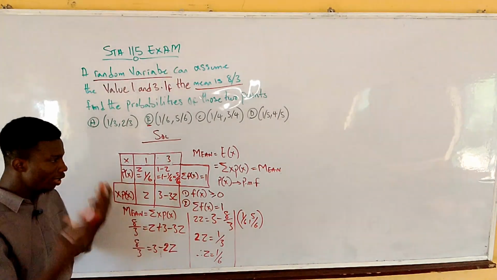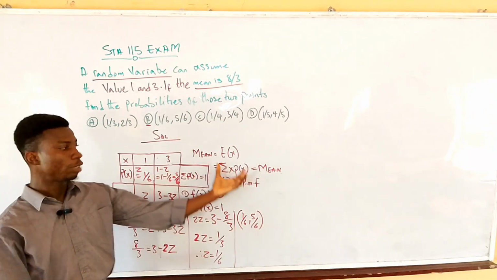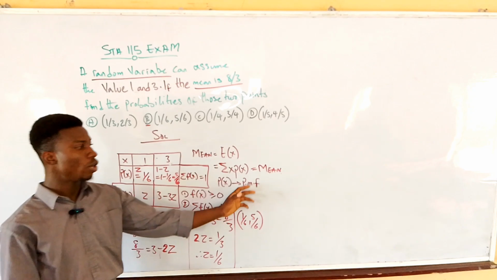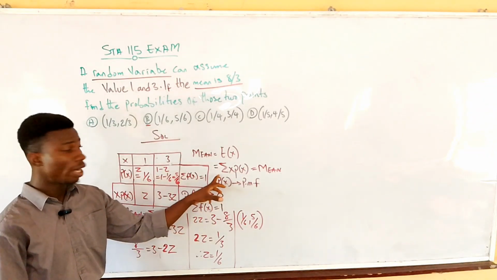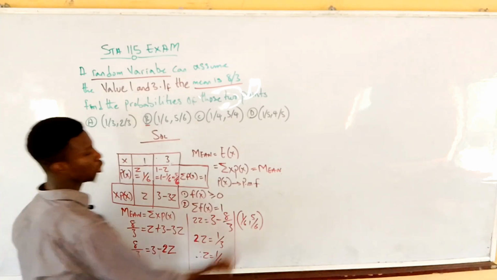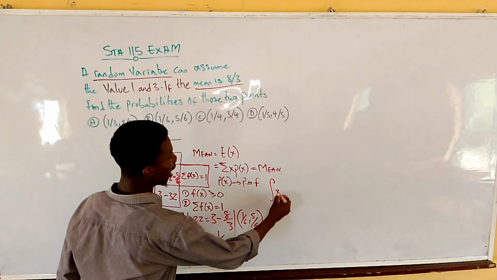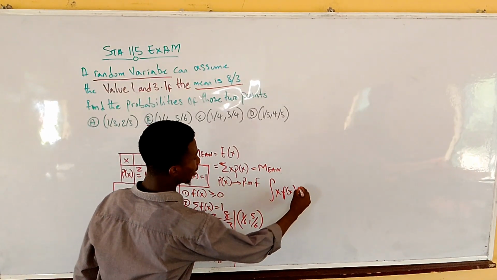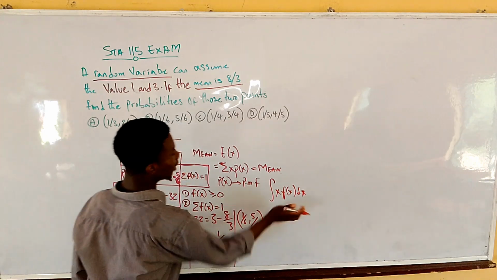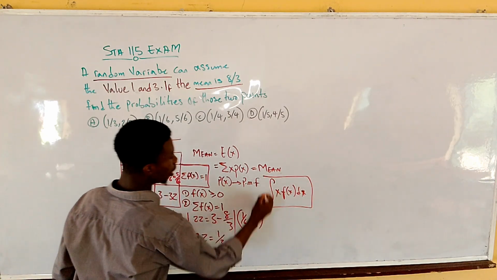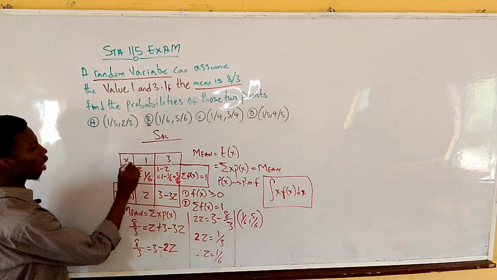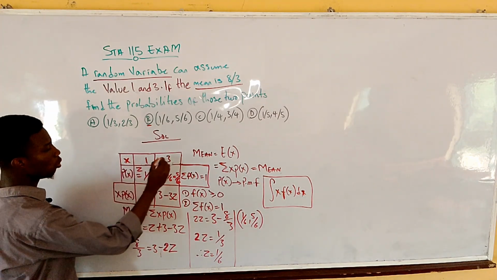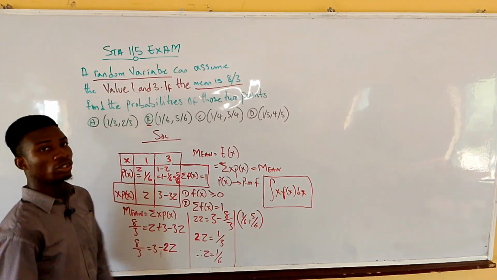All you have to know is your mathematical expectation: the summation of x p(x), provided that it is discrete, you are summing. If it is continuous, it is the integral of x f(x) dx. If it is discrete, you are summing, because your random variable is assuming whole numbers.